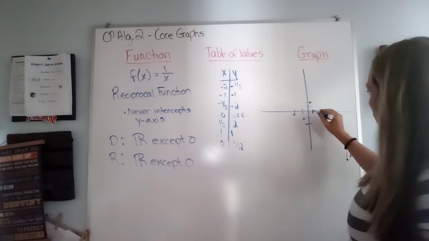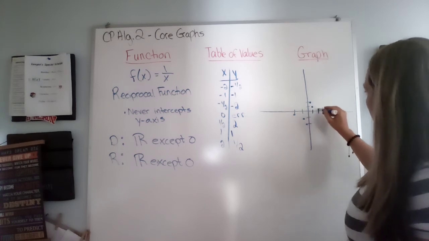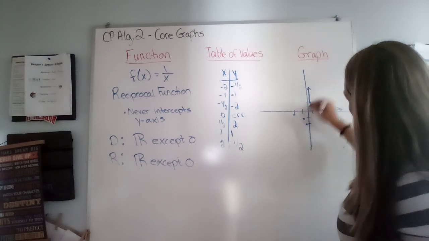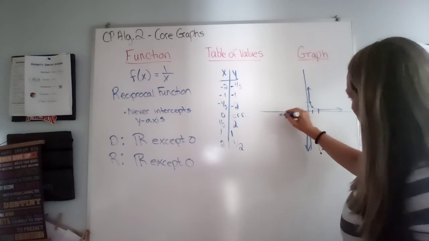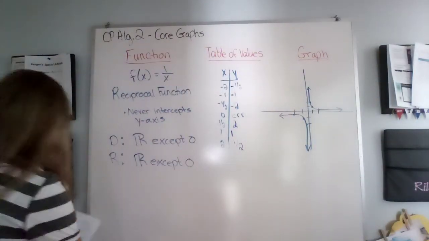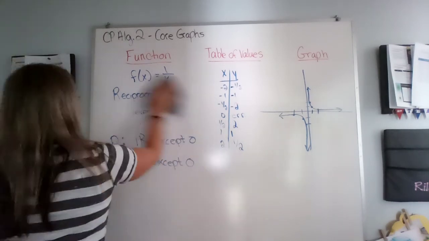Then you go over 1, up 1, and then over 2, up a half. All right, and that's what the graph looks like. That was number 7 of 8, so we're on to our very last parent function.